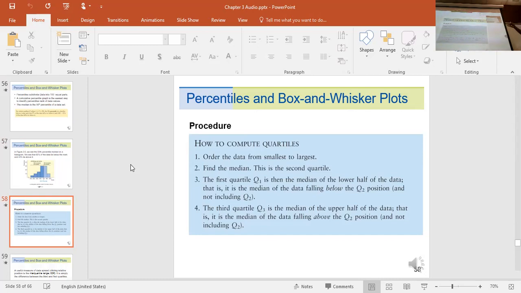So once you get the median, you go to the lower part and find the median of those values. For that reason, I usually call Q1 the lower median. It's not written here like that, but it's still the median of the lower half of the data. And Q3 is the median of the upper half of the data. So sometimes we call Q1 the lower median and Q3 the upper median.